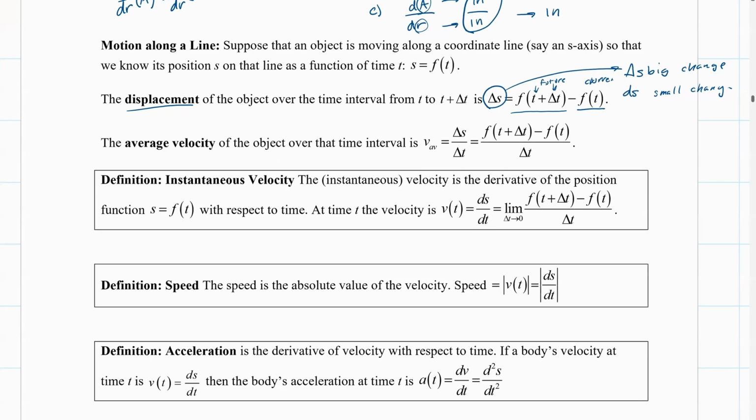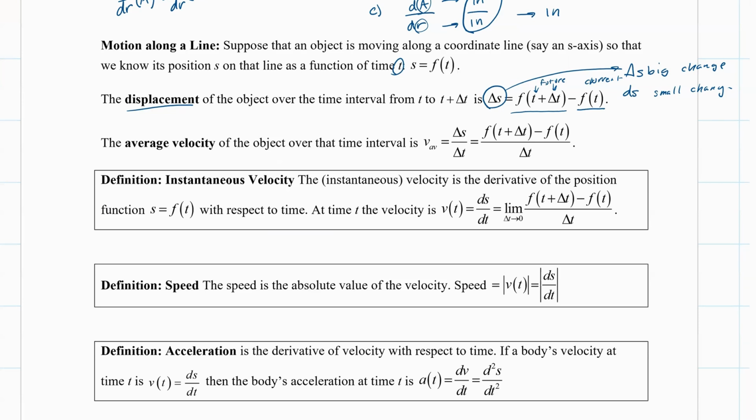How much did the position change as I went from my initial position to some future position, delta t in the future? Again, t is time, so delta t is talking about going into the future a little bit.